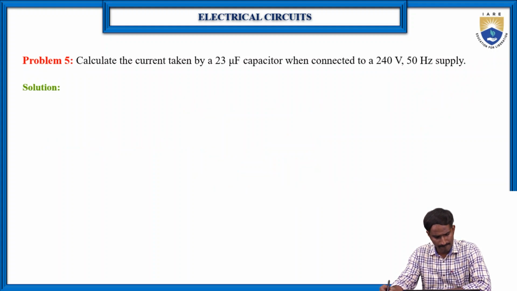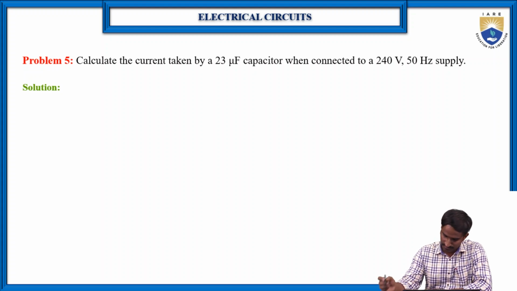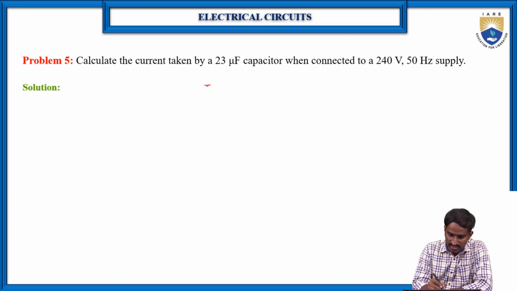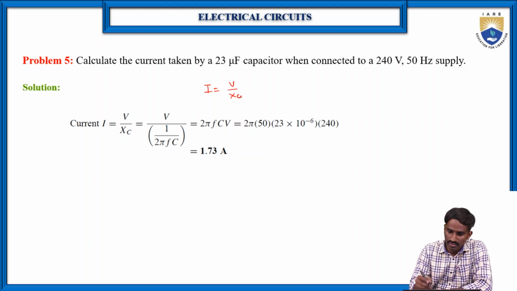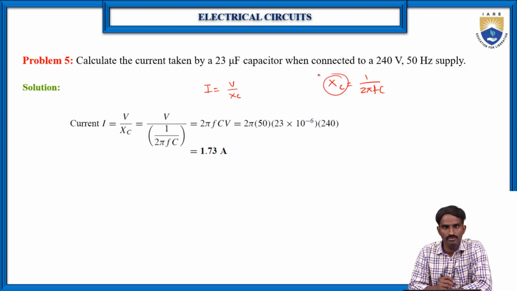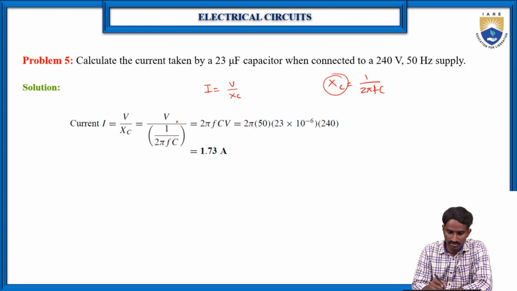Next, fifth problem. Calculate the current taken by a 23 microfarads capacitor when connected to a 240 volts and 50 Hz supply. Of course, the same way here, which means I is equal to V by Xc. Right? So here what is Xc? Xc is equal to 1 by 2 pi Fc. So first we have to find the Xc value, or otherwise directly you can rewrite this equation like this.